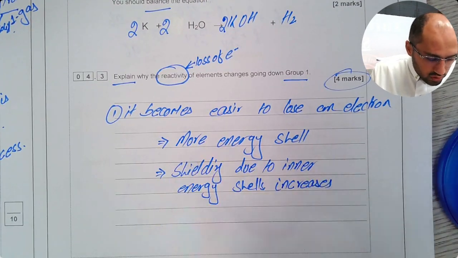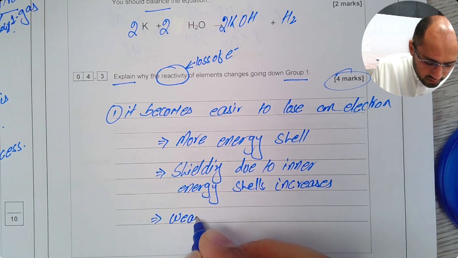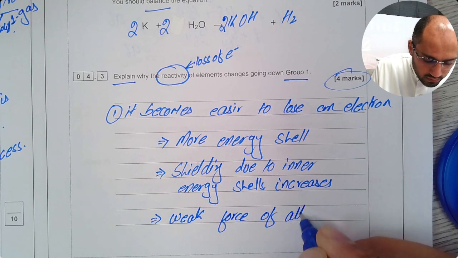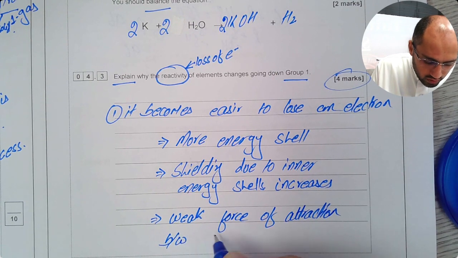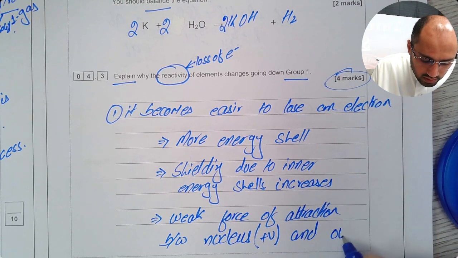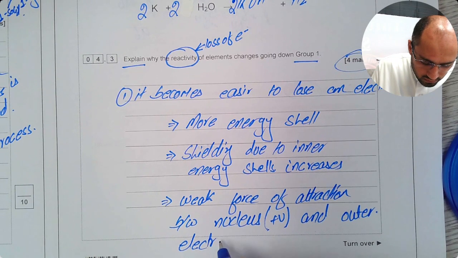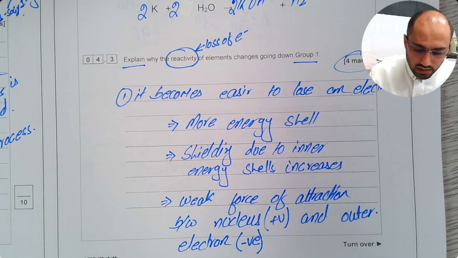And because of these 2 reasons, I'm now going to say it will be weak force of attraction between nucleus, which is positive, and outer electron, which is negative. Hence it becomes easier for it to lose an electron.